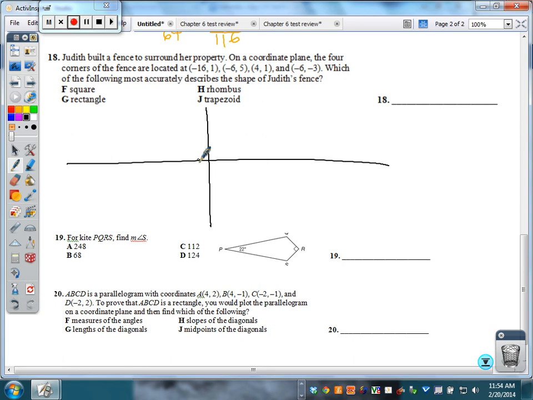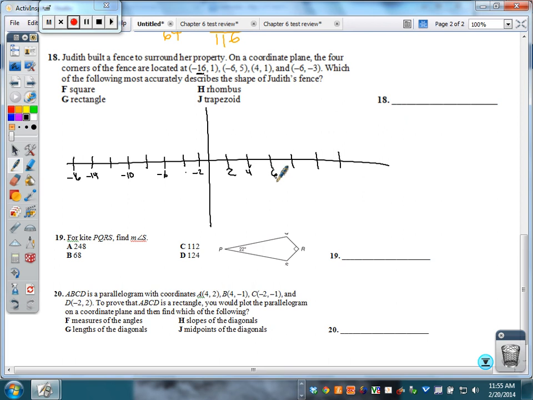So -2, -4, -6, -8, -10, -12, -14, -16. That's going to take care of catching this number right here. So we'll do 2, 4, 6, 8, 10, 12 here as well. All right.